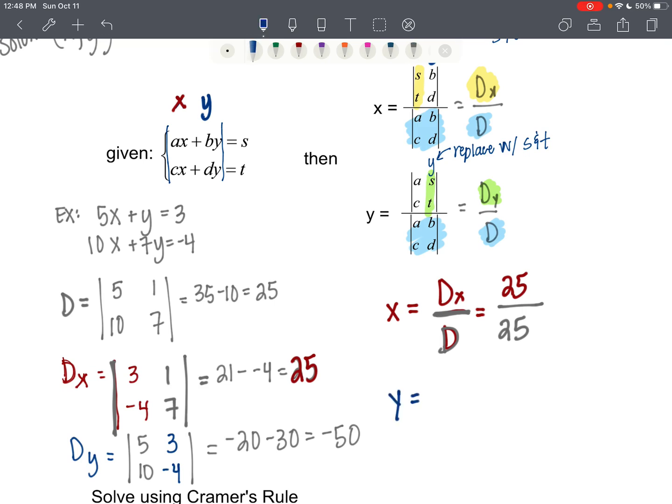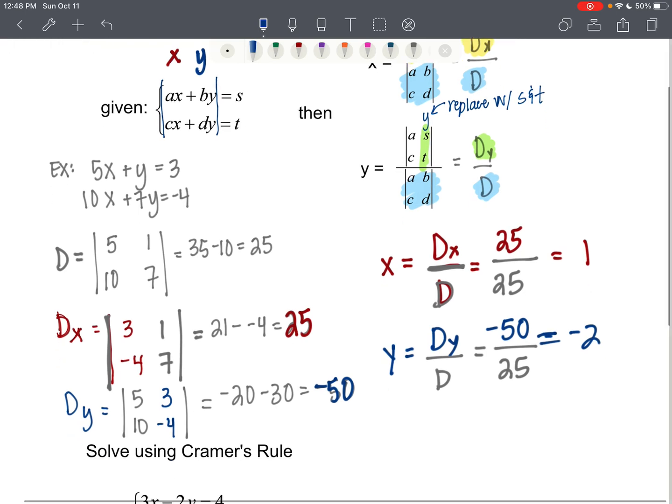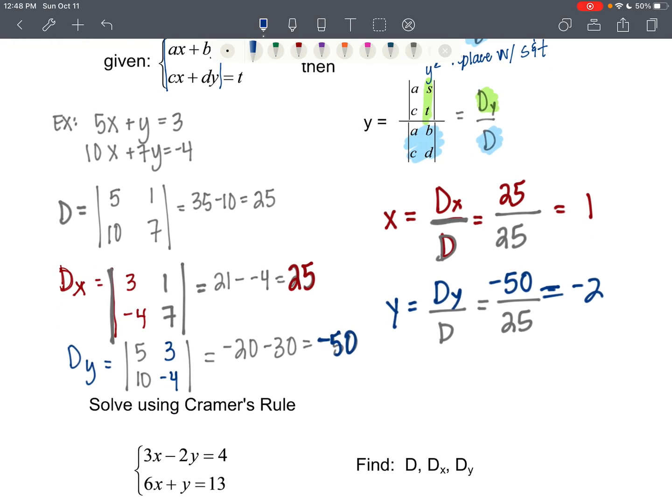Y is going to equal the determinant of y, which is -50, over the determinant of 25. So our x value is equal to 1, and our y value is equal to -2. So our solution is 1, -2.